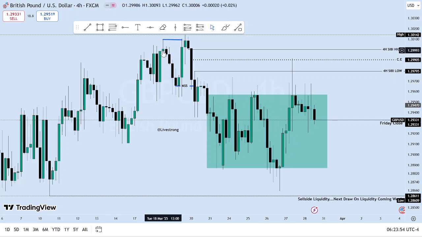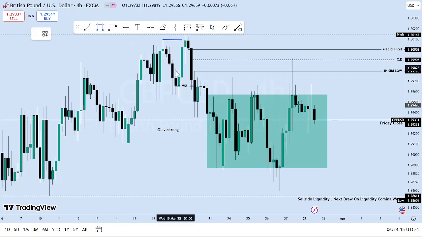You have high, low, higher high, then the displacement taking out the last close candle, which is the order block. Now it's going to act as a breaker. It's a breaker block. This last close candle here is a breaker block.